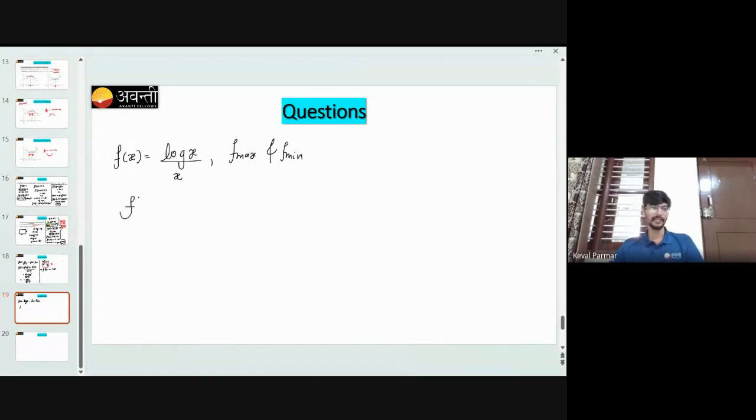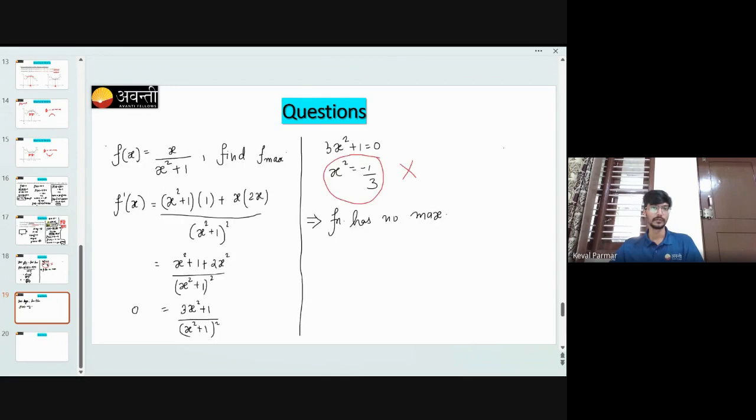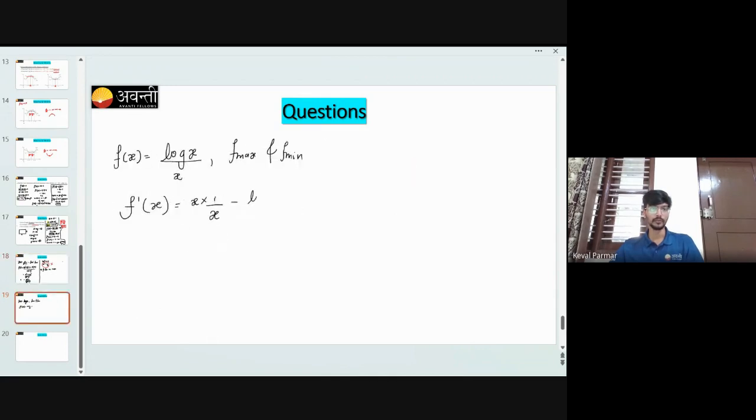So we'll first find f dash of x. Again we will use the u upon v rule. So what is the u upon v rule? V times derivative of log x, minus u, that is log x, into derivative of v, upon v squared.